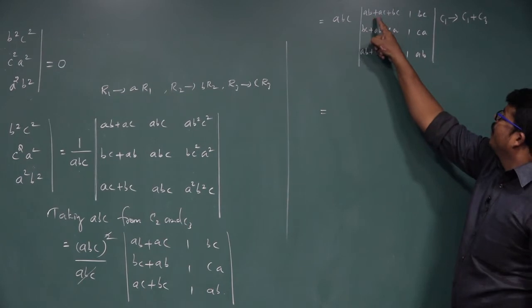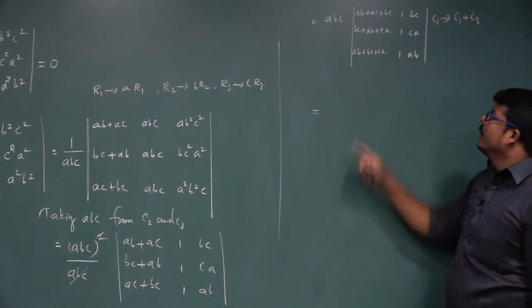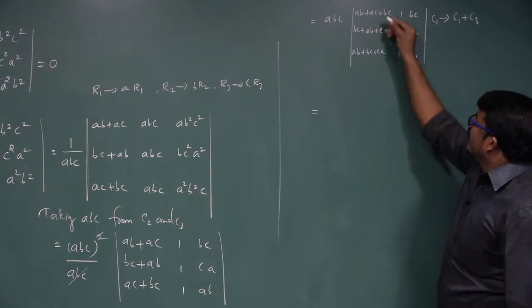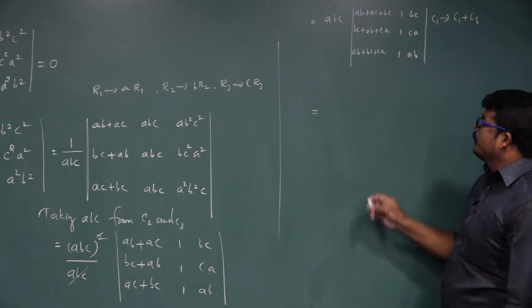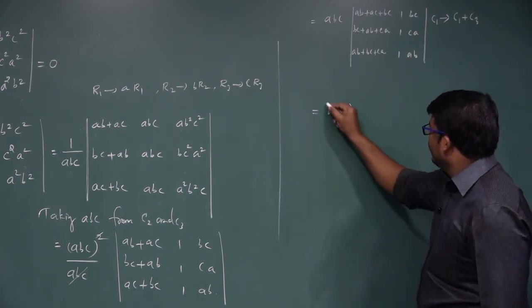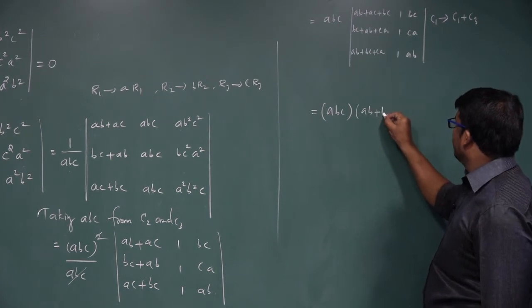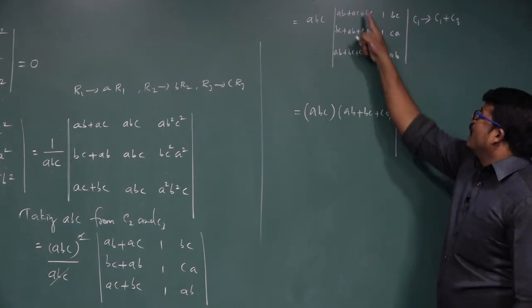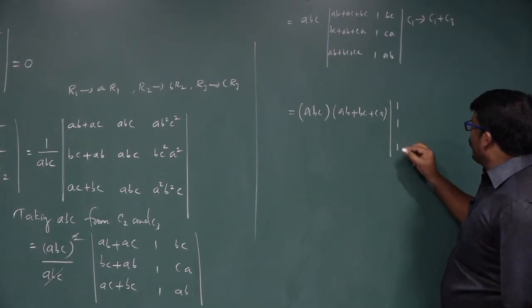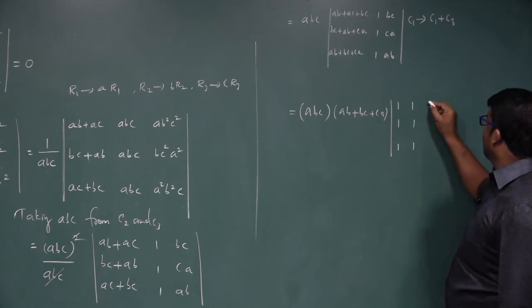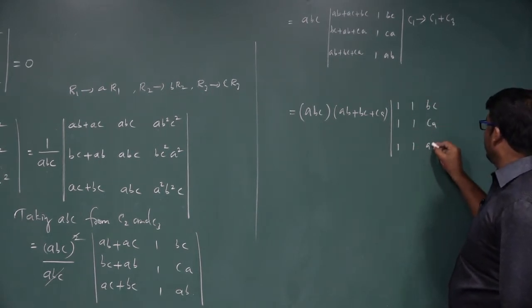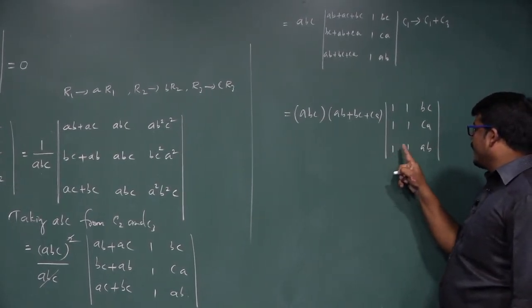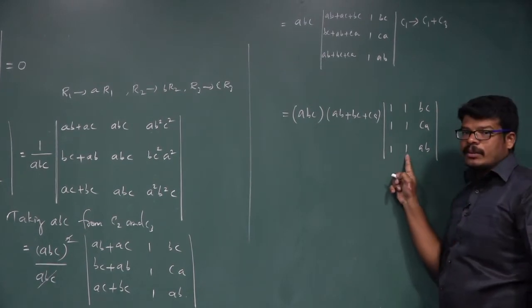The first column is AB plus BC plus CA in every row, which is common, so taking it outside from column 1 we get ABC into AB plus BC plus CA into the determinant with remaining 1, 1, 1, 1, 1, 1, BC, CA, AB. Here C1 is identical to C2.